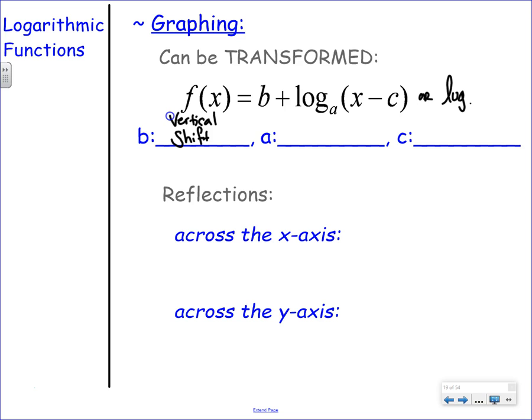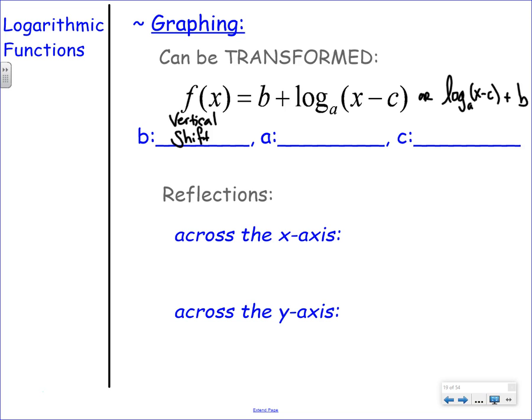We can always rewrite this to be log base A of whatever the argument is. The point is what sign goes along with the B, not what sign is in front of the log. That might be a reflection, but what sign is in front of the B. It can be written both ways.